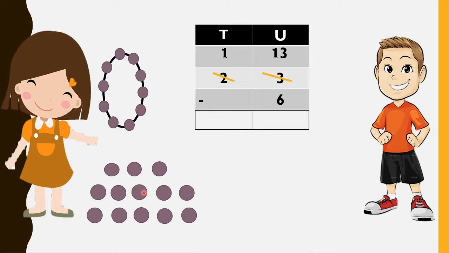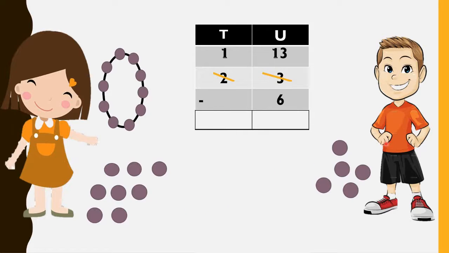So out of these 13 units, Preeti gave 6 units, that is 6 beads, to Raj. 1, 2, 3, 4, 5 and 6.